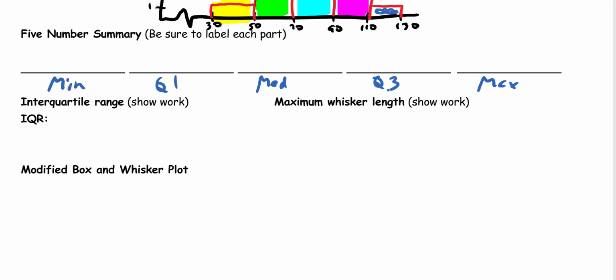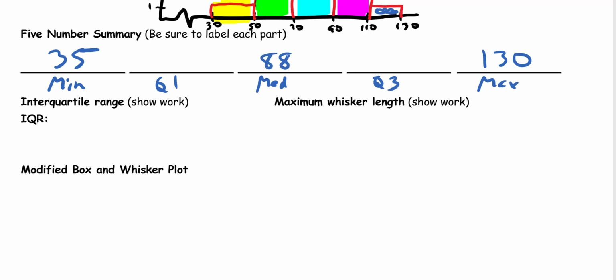All right, cool. So minimum is super easy, 35. Maximum is super easy, 130. And of course we already calculated our median, which was 88.